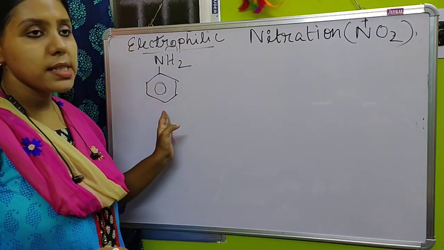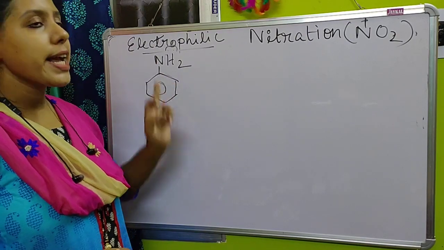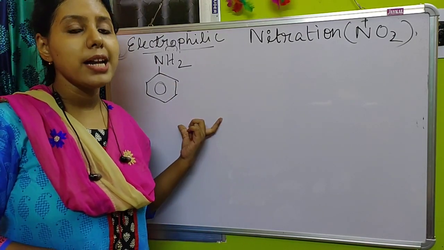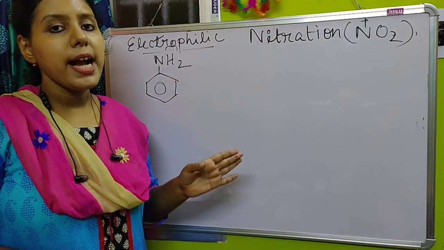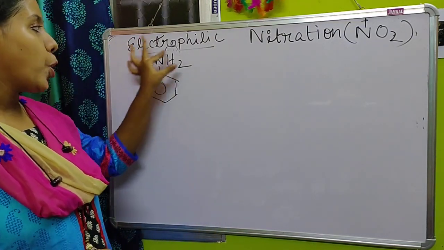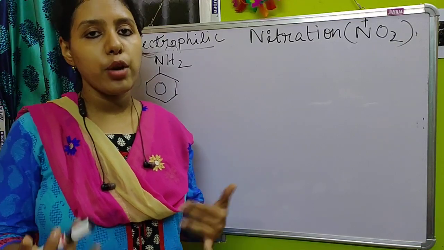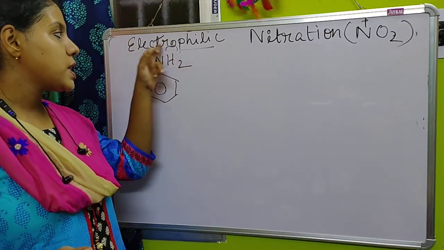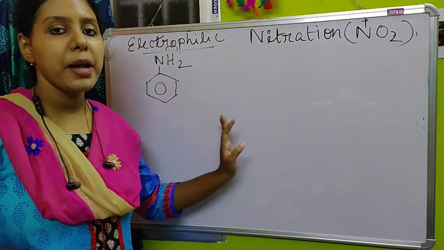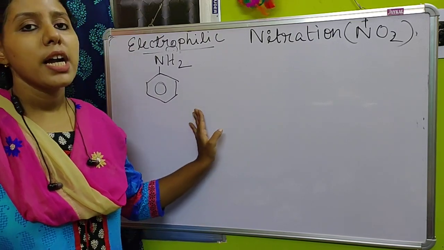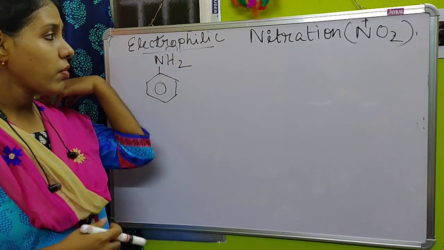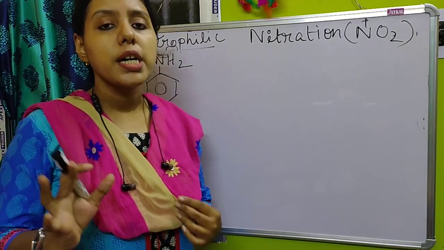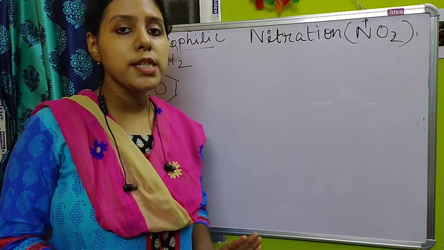But if the benzene ring already contains NH2 and we add concentrated nitric acid, it will oxidize the NH2 group and convert it into NO2 or something else. So direct addition of concentrated nitric acid is not possible here.